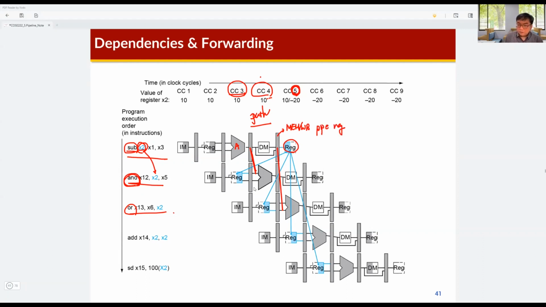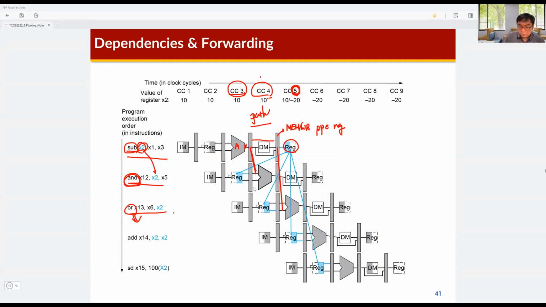So when this OR instruction requires data for this ALU operation, the result of the sub instruction is not yet written back to the register file. Understand?